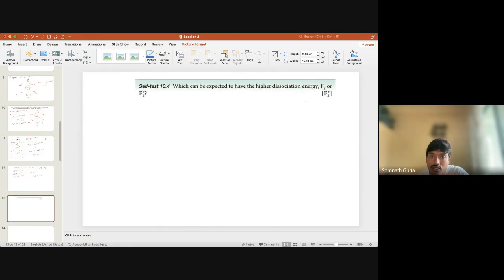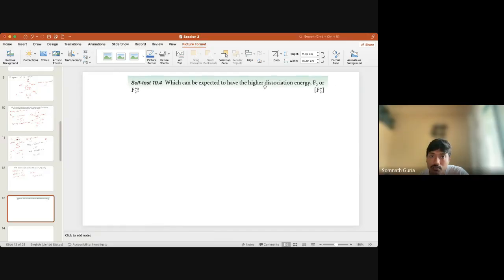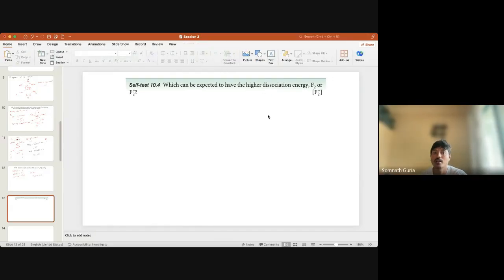Can I do this? This fluorine atom. Can I show that the bond dissociation energy for F2 plus is higher than the fluorine molecule, F2?